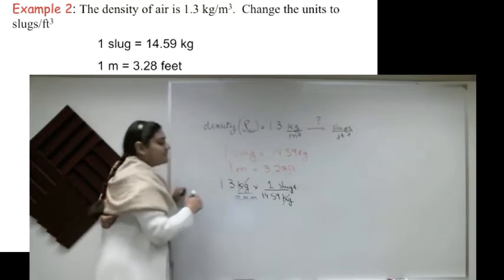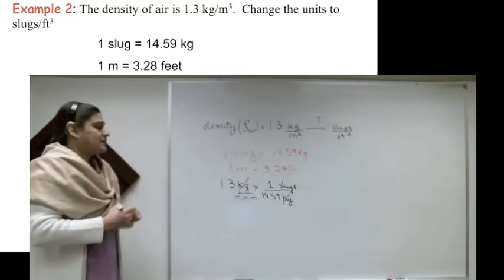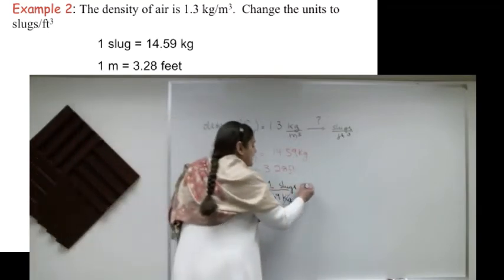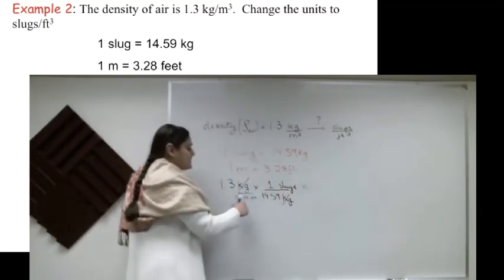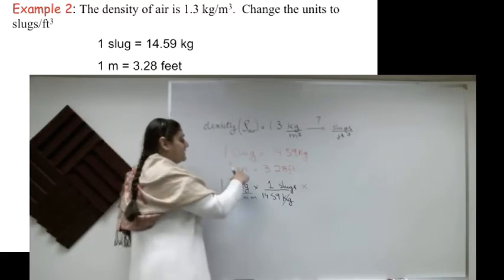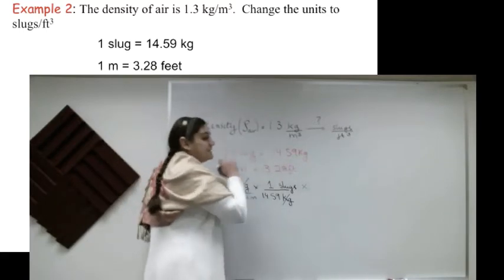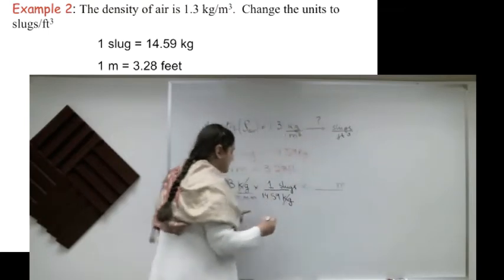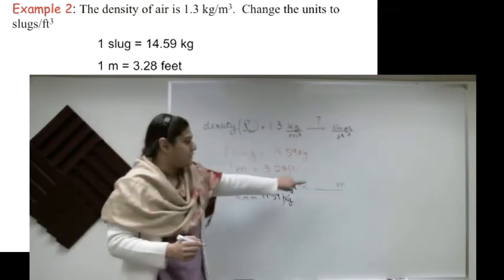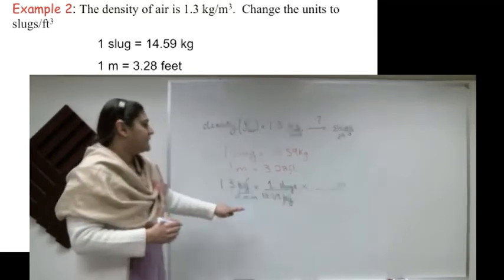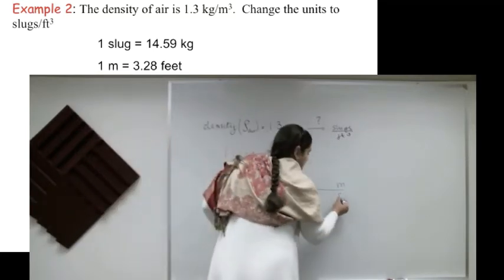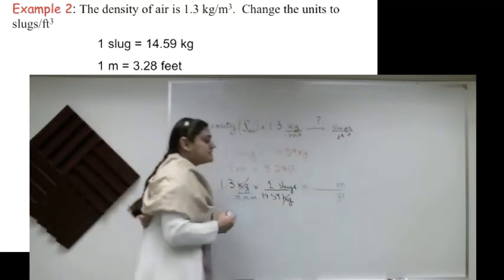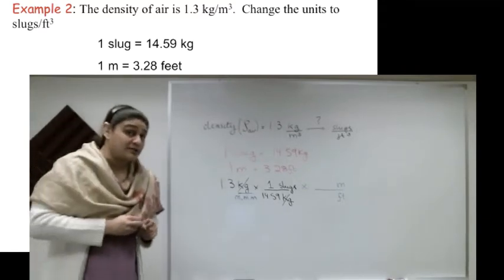So I need to get rid of my meters, meters, and meters, and I know 1 meter equals 3.28 feet. Since my meters are now in the denominator, I'm going to put meters in the numerator, and I'm going to come up with feet. And this is what I want toward the answer.